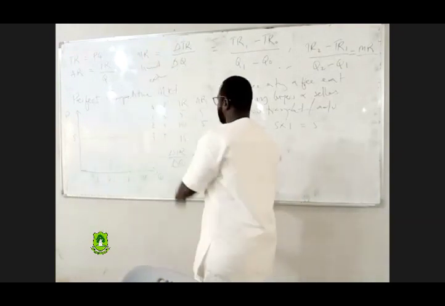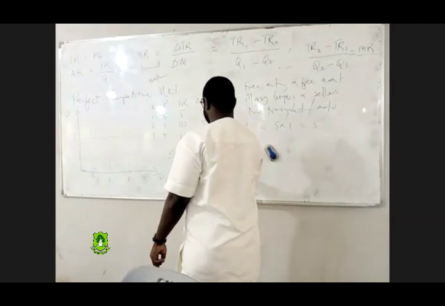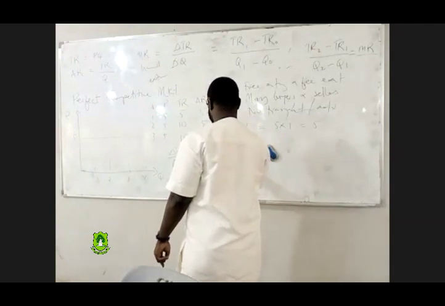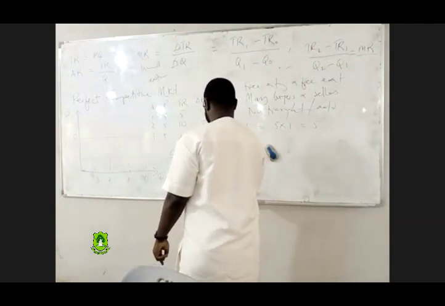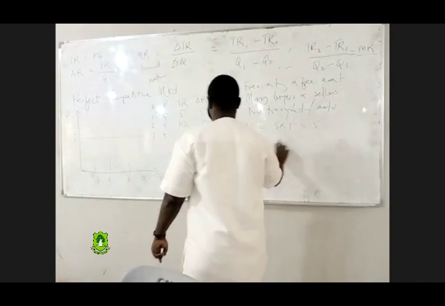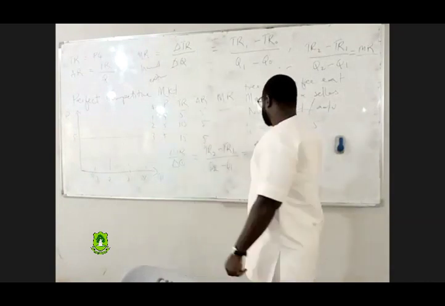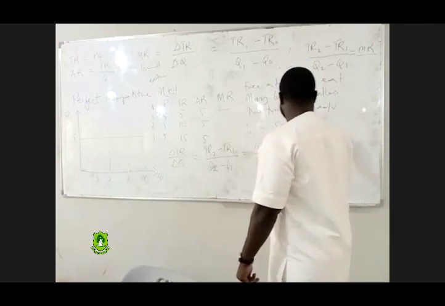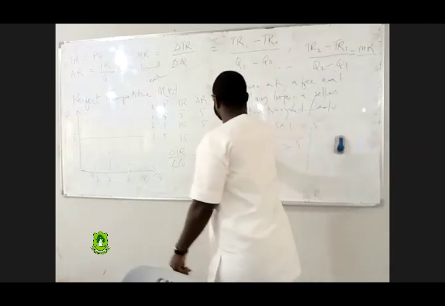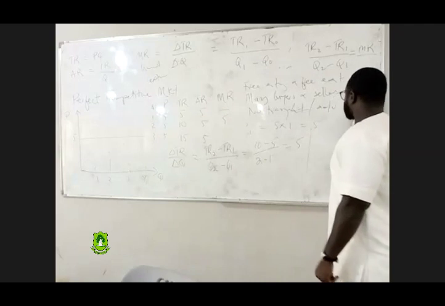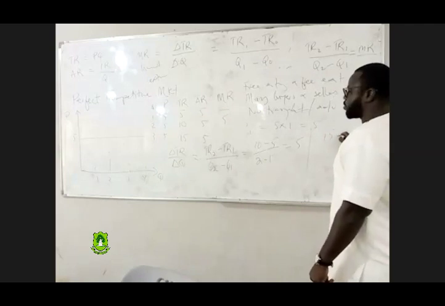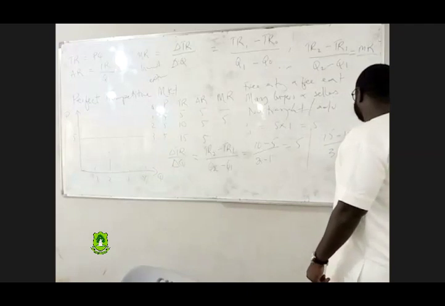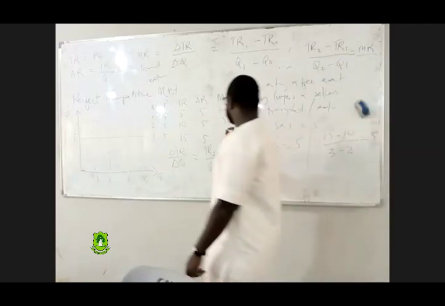So total revenue at output 2 minus total revenue at output 1, over output 2 minus output 1. In this case, it will be 10 minus 5 over 1, which will get you 5. The other one will also be 15 minus 10, and you will get 5.